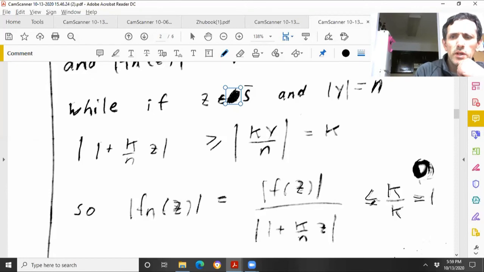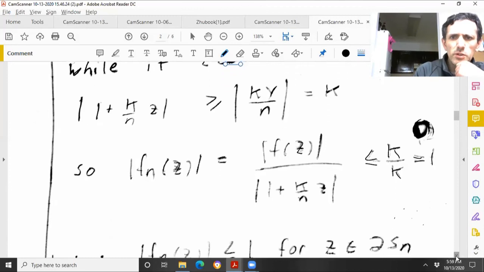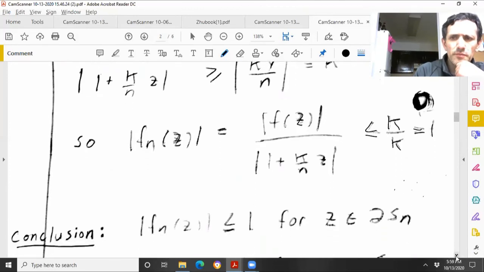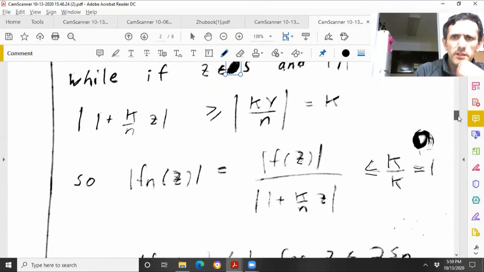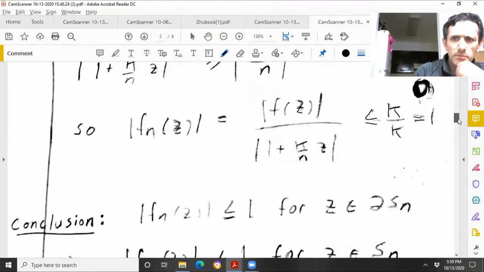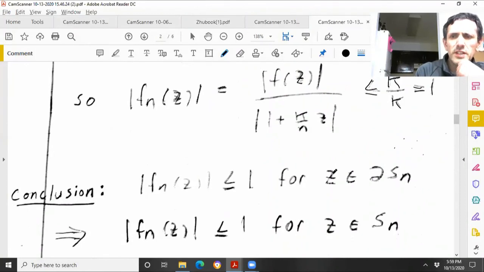Okay, so we get this estimate here if the absolute value of y is equal to n and z is in the closed strip. So the conclusion is that for any z in the boundary rectangle of Sn, modulus Fn of z is less than or equal to 1.